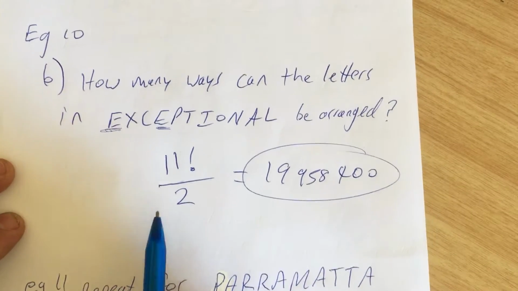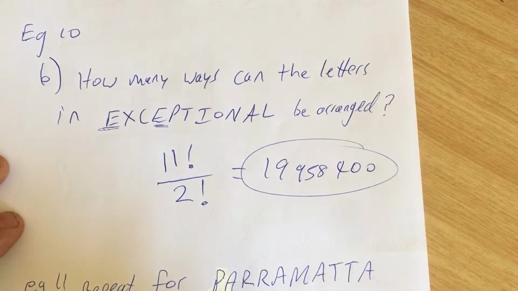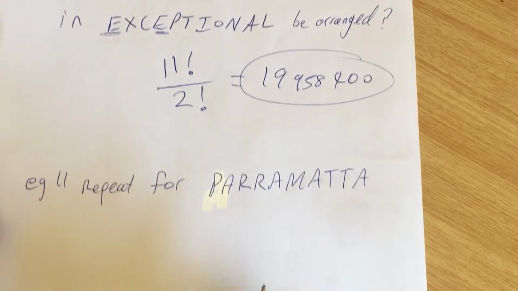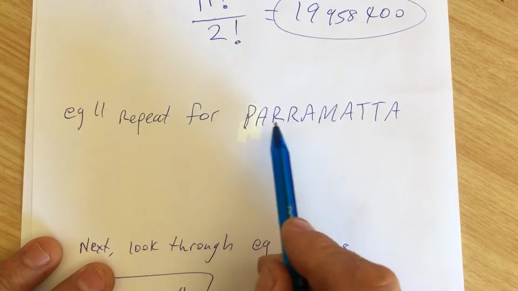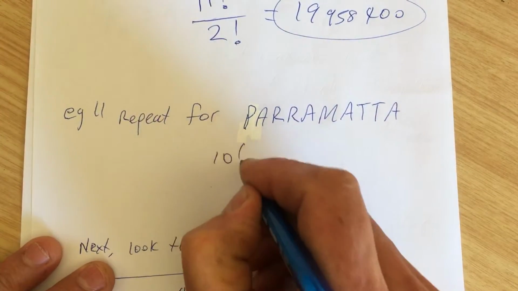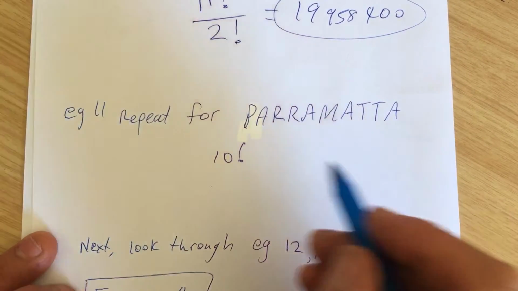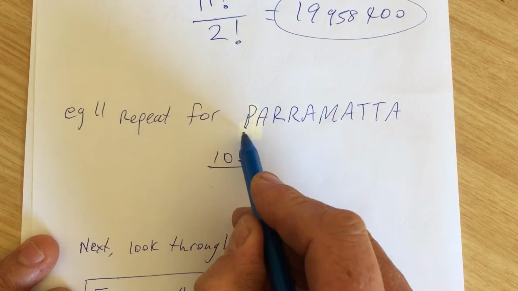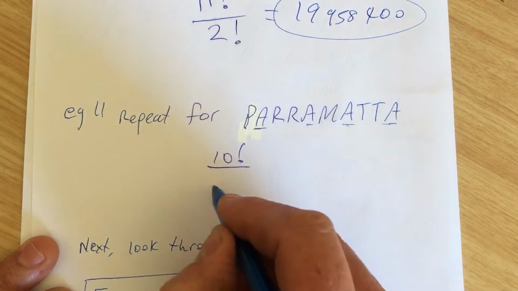But just to be complete, you actually should say divide by 2 factorial, because that will work for the larger numbers in exactly the same way. And hence we have this: Parramatta. Exactly the same idea: 1, 2, 3, 4, 5, 6, 7, 8, 9, 10. So it's 10 factorial ways that they can go down without restriction, over, now how many P's are there? 1 P. How many A's? 1, 2, 3, 4, 4 A's.